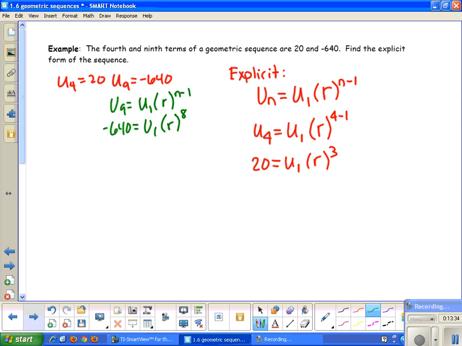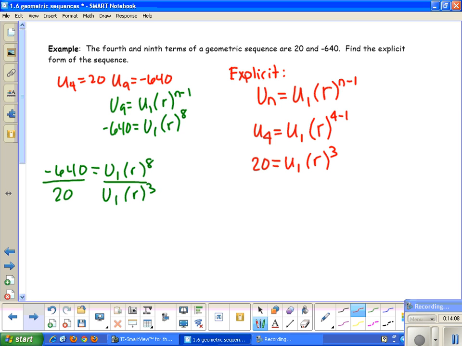So with arithmetic you subtract the difference, but now we are going to divide to get my common ratio. You take the term that's the farthest one, so the ninth term: negative 640 equals u sub 1 times r to the 8th power, and you divide that by my other term, which was 20 equals u sub 1 times r to the 3rd power.